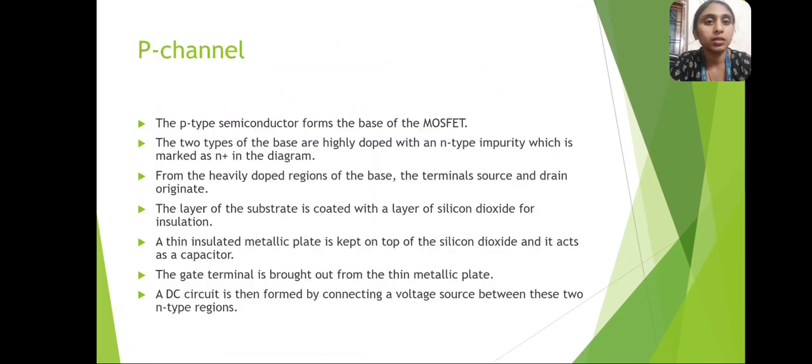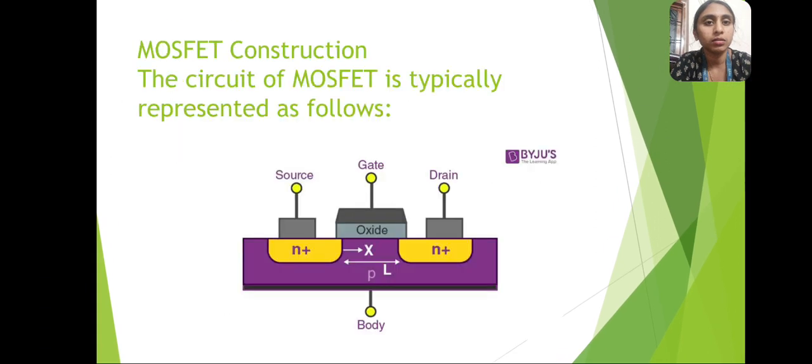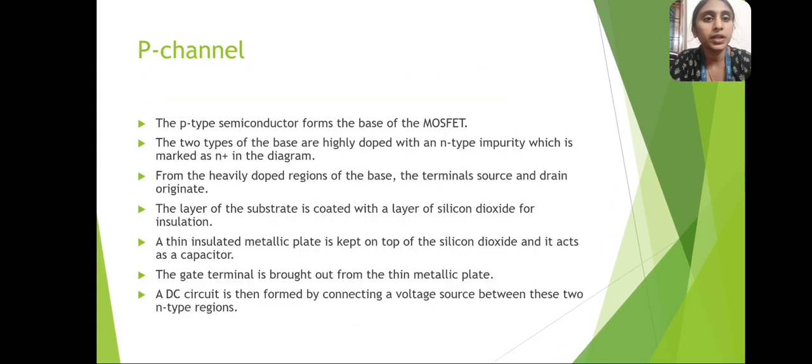In the P channel, the P-type semiconductor forms the base of the MOSFET. The two regions of the base are highly doped with N-type impurities, which is marked as N plus in the diagram. From the heavily doped regions of the base, the terminals source and drain originate.